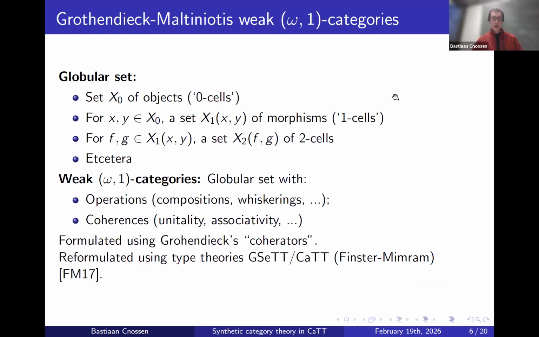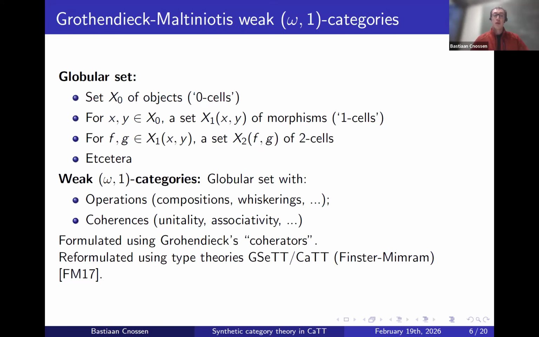A globular set has a set of objects or zero cells, X0. And then for every notion of n cells, there is a set of n+1 cells between them. So given two objects, x and y, there is a set X1(x, y) of morphisms between them. For f and g two morphisms, there is a set of two cells, and so on and so forth.